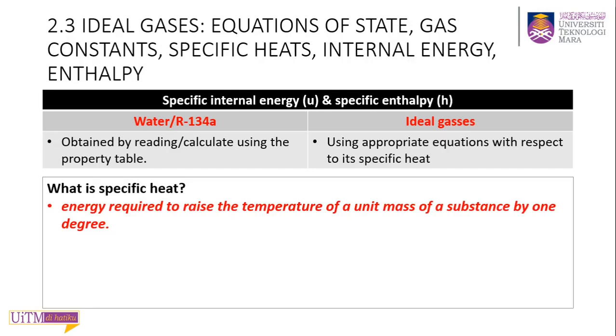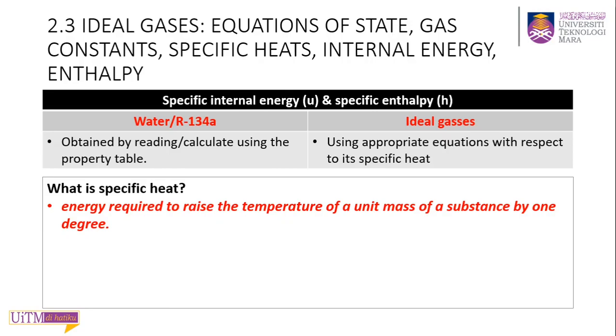So the question now is, what is specific heat? The general definition is as follows. In the general definition, the word energy here refers to the amount of heat which has to be added because we want to raise the temperature by 1 degree.